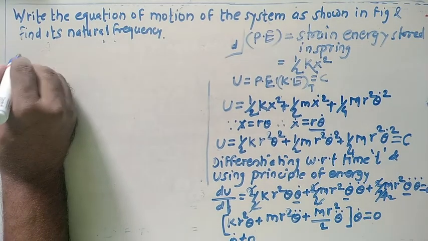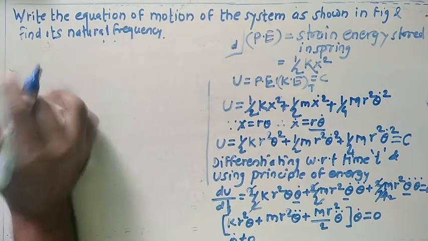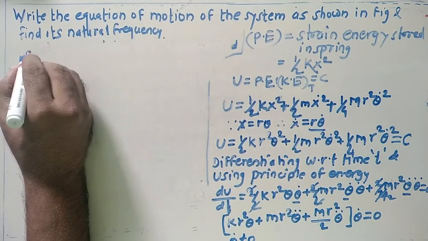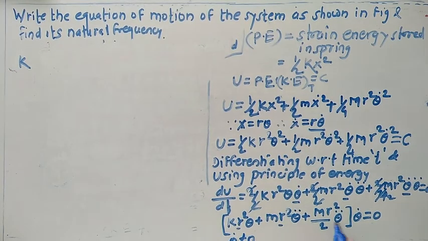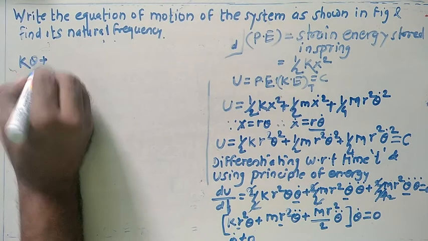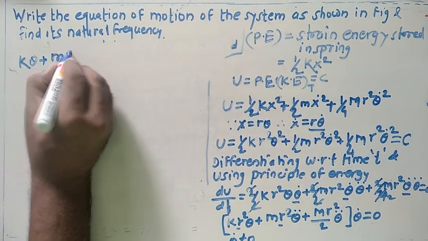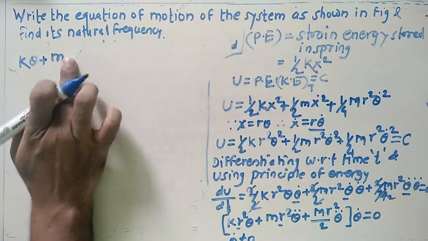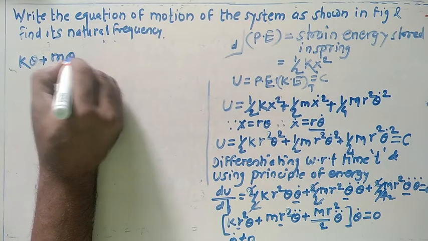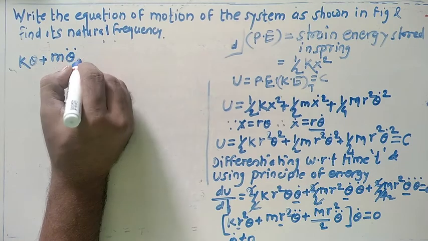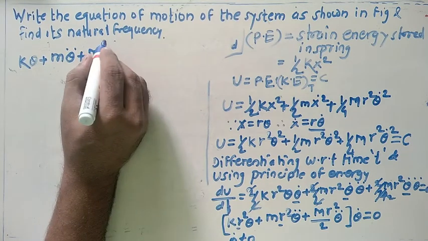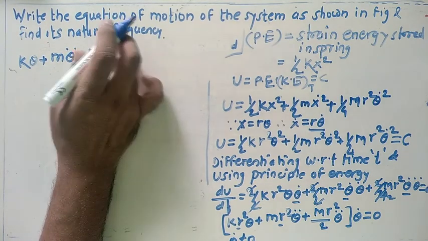Sorry, k, and just take this r square term common from all the terms. So k into theta plus m r square, instead of that r square, I'll simply write here theta double dot: m into theta double dot plus capital M into theta double dot by 2.